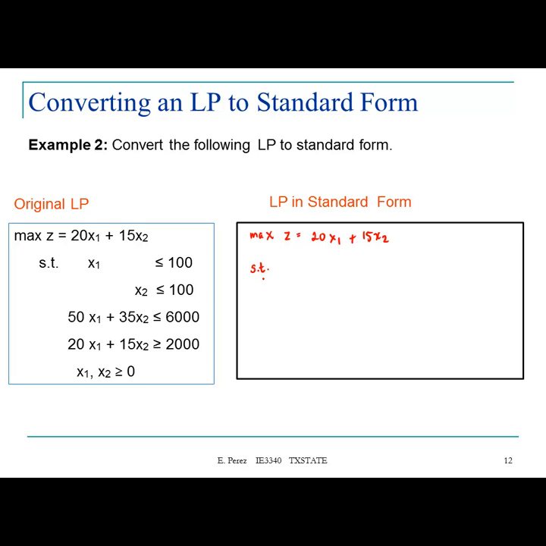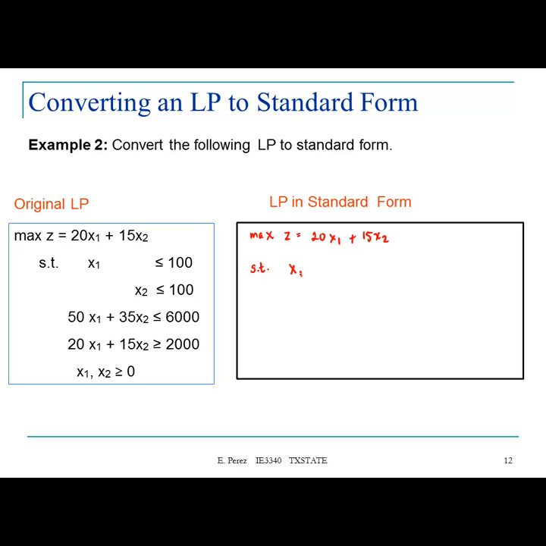How many slack variables are you going to need? Yes, you need 3. And excess variables? Just 1, correct. So you're needing 3 slack variables for the first 3 constraints.